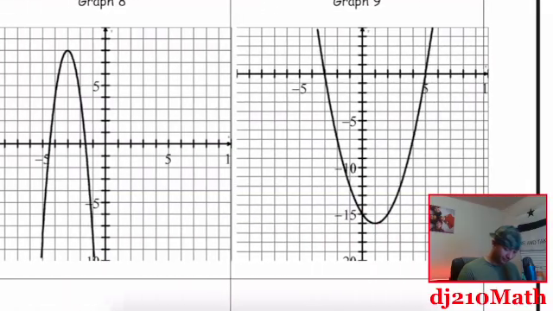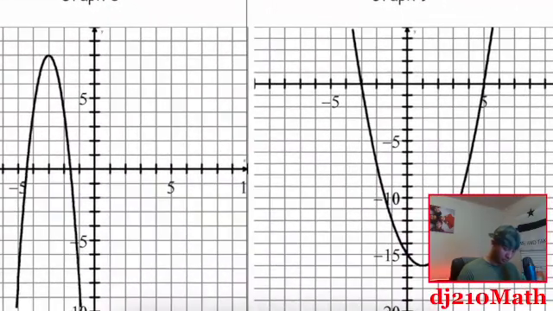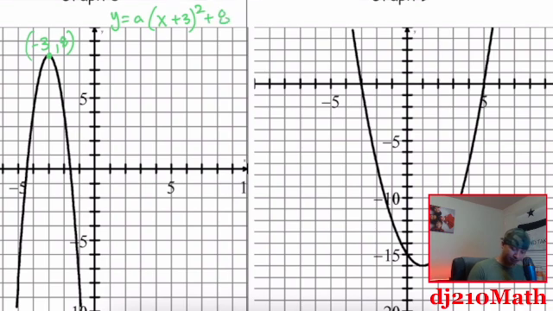All right. 8. We're almost there. Vertex is going to be negative 3, 8. Y is equal to a times (x plus 3) squared plus 8.